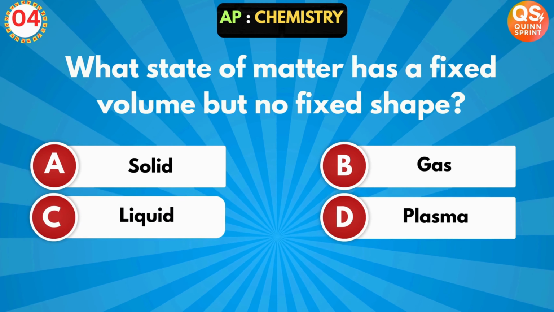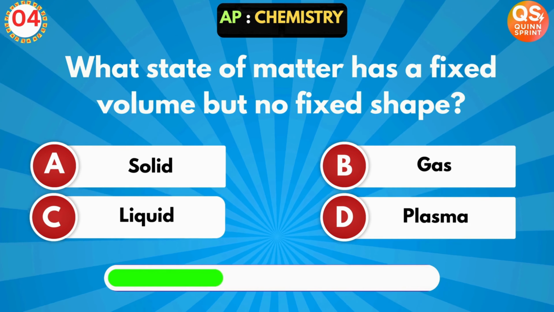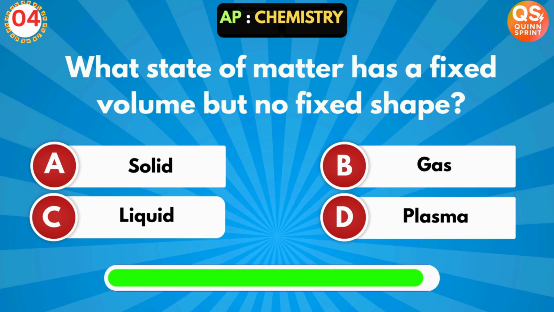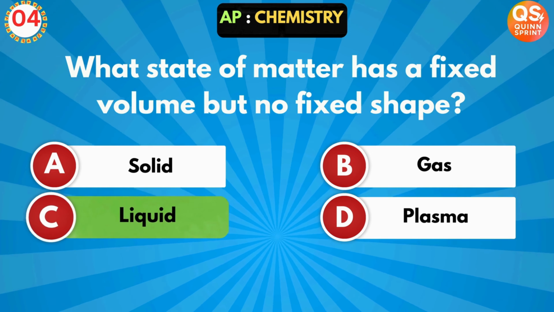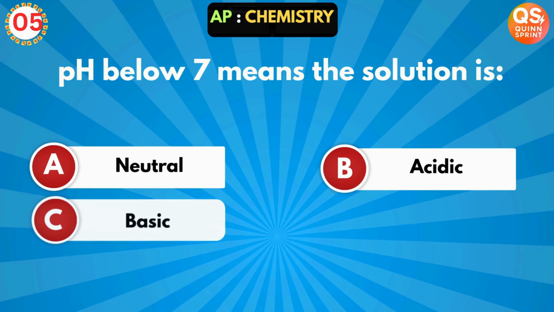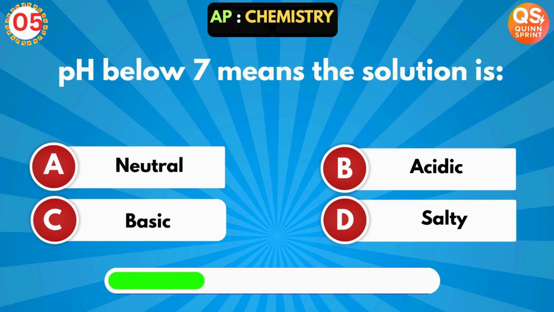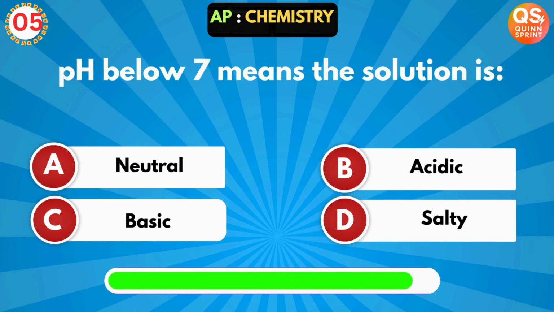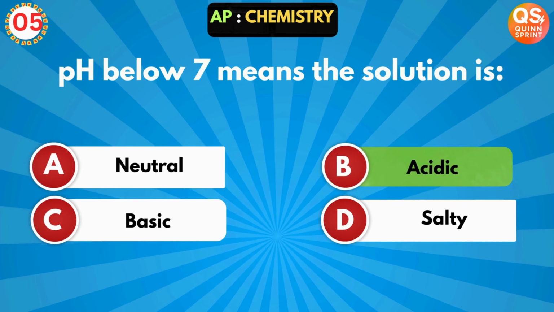What state of matter has a fixed volume but no fixed shape? Liquid. pH below 7 means the solution is acidic.